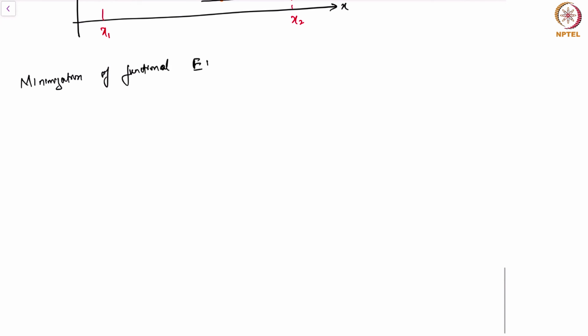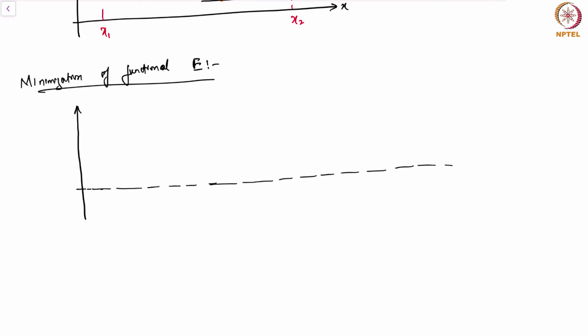Functional E. What does it mean? So let's consider the same problem that we have, which is the meniscus. And let us say this is my coordinate system. We have x here and y here.